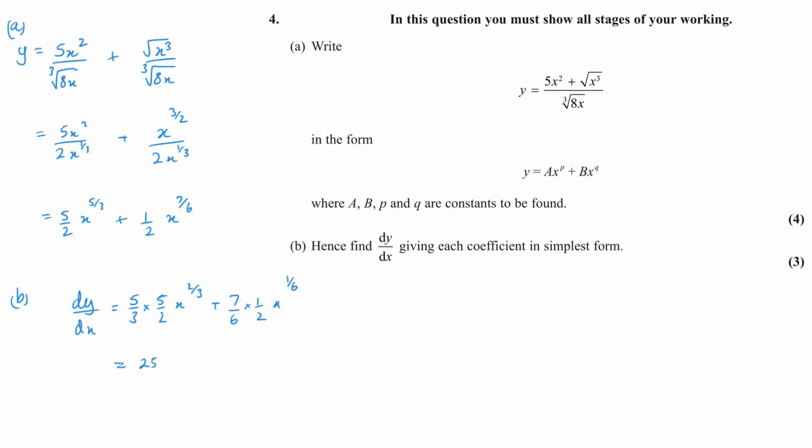So that's 25 over 6 x to the 2/3 plus 7 over 12 x to the 1/6.